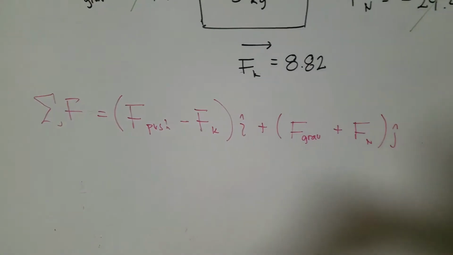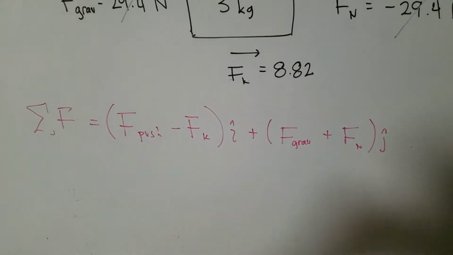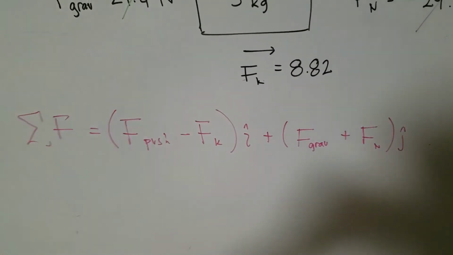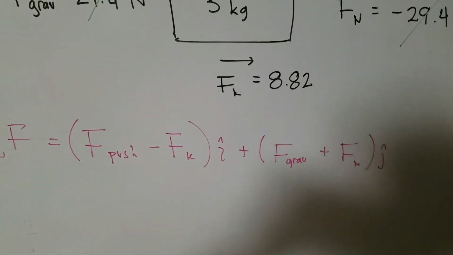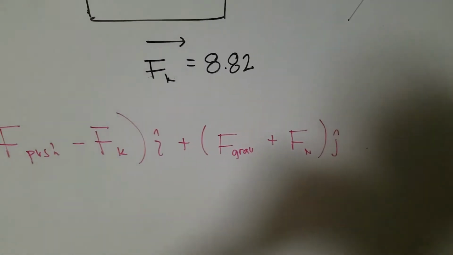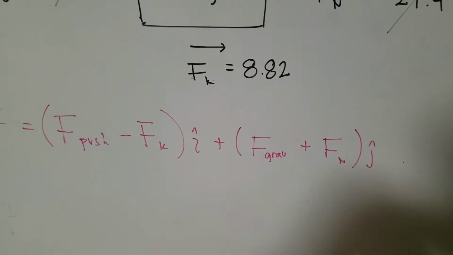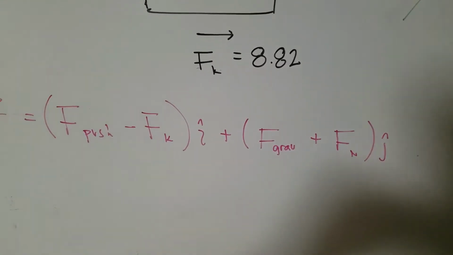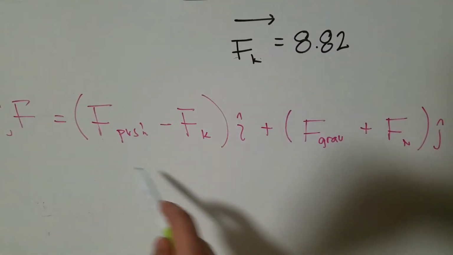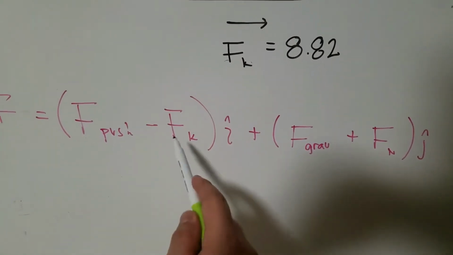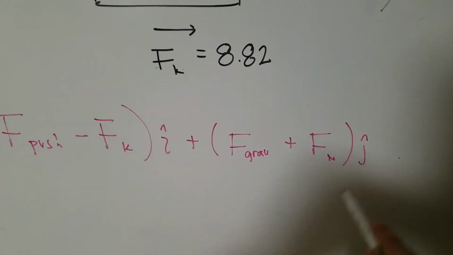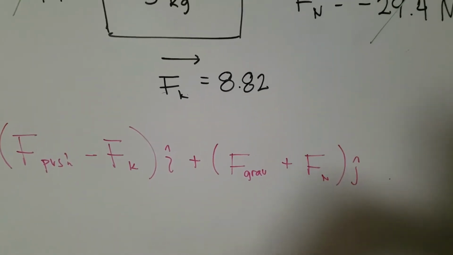So down here I've written the equation for the sum of the forces, otherwise known as the net force. And we notice something interesting happens here. This is in vector notation, by the way. This is basically the x component, or the horizontal force, and this is going to be the y component, which is going to be the vertical force.